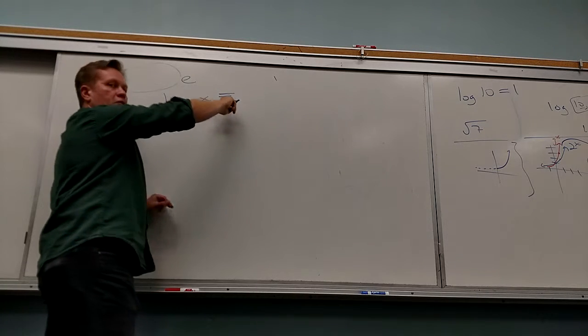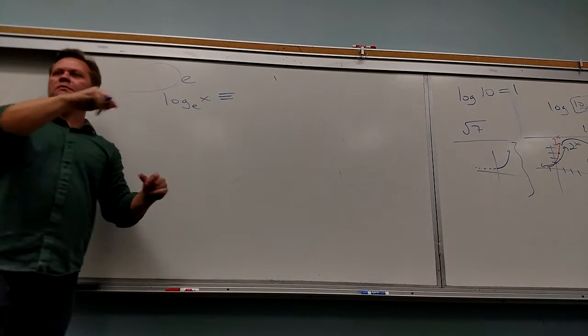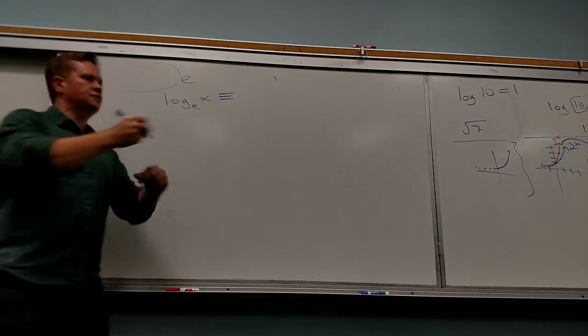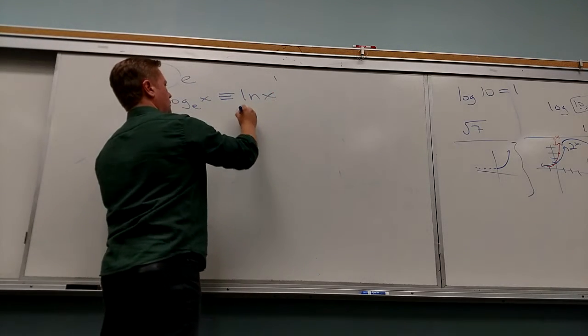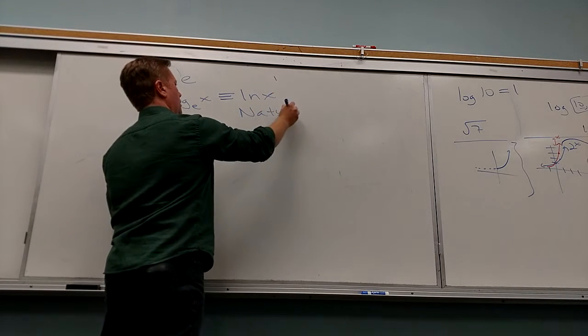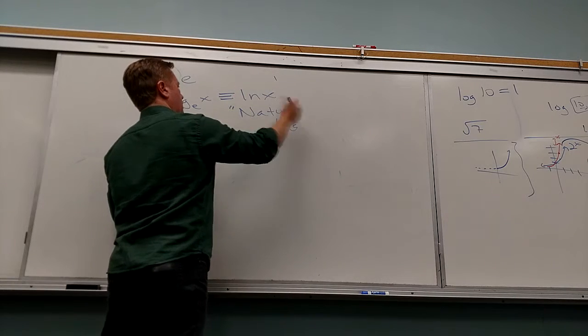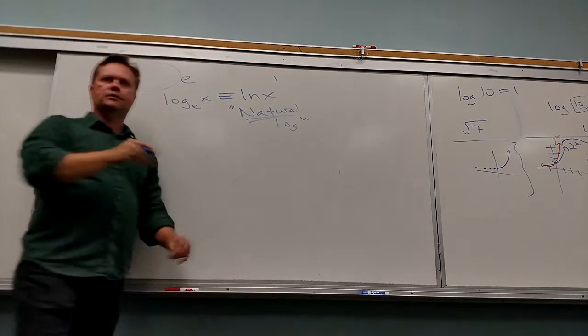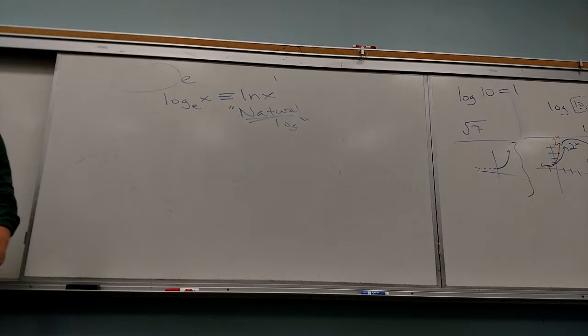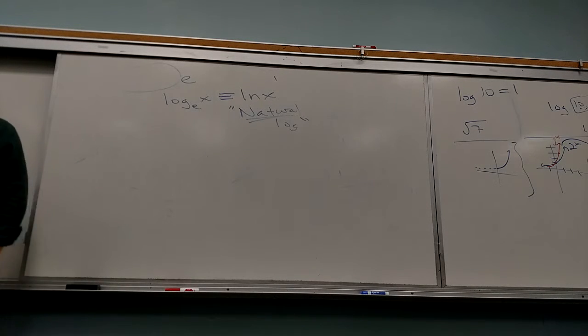When you see a triple equal sign, that means definition. It's defined to be this. This is called the natural log. And you might understand why it's the natural log because this number represents population growth. It represents natural processes.